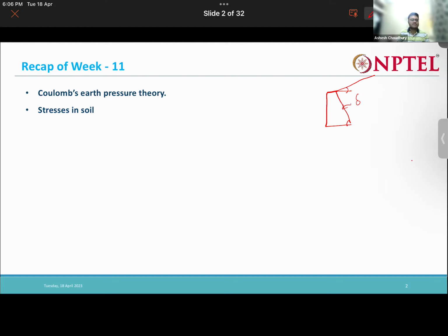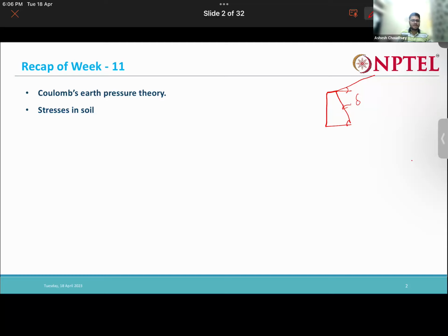Based on that theory, the modified values of K_a and K_p were derived, and we can use those if we want to use Coulomb's theory. So we'll see if we can solve one or two problems from Coulomb's earth pressure theory by using the modified earth pressure coefficient formula.